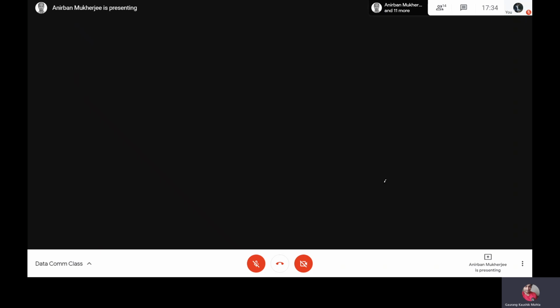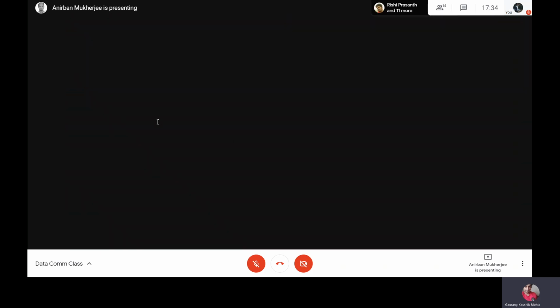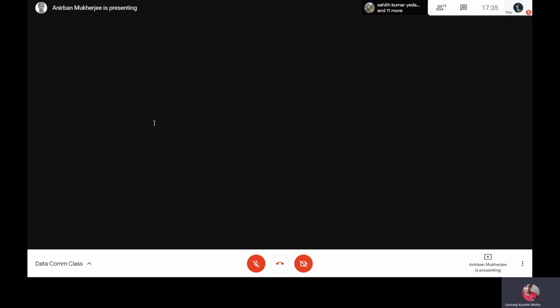And my phase shifts: when it is 1, the phase shift is pi, and when it is 0, the phase shift is 0. So if the first symbol is this one, the next symbol again has phase shift pi. If the first symbol is 1 and the phase shift is pi, then this is 1; then phase shift is 0, so it is 0.